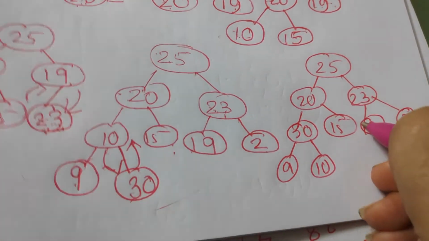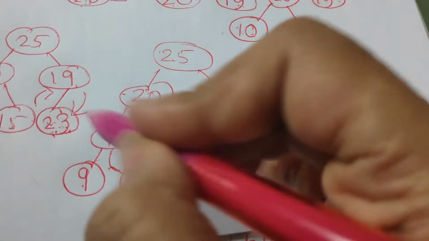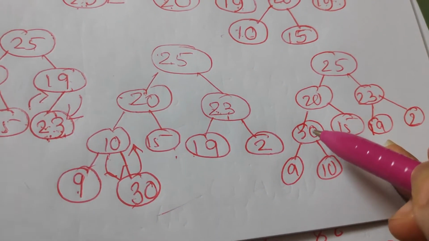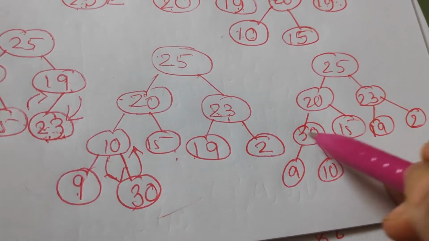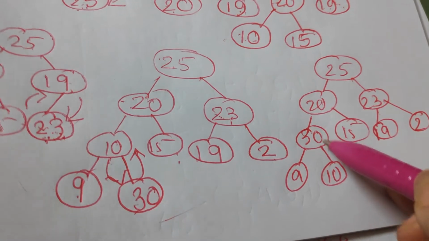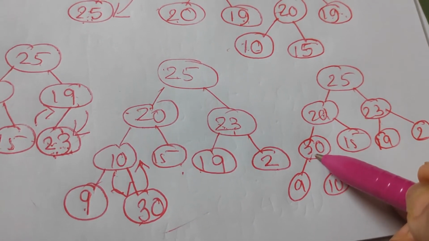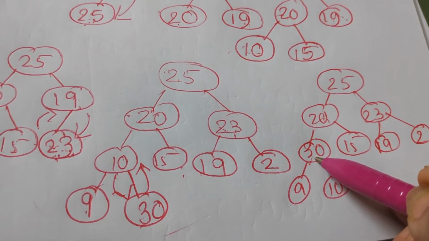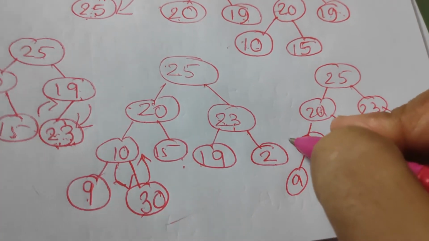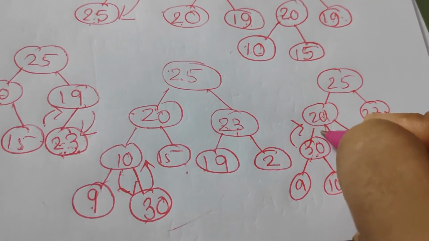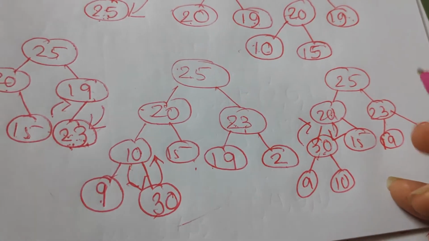Correct? Now after this swap, we have to check whether 30 and 15 both are less than 20, but over here we see 30 is greater than 20, which again is not a max heap condition. So again we have to swap these two numbers, right?